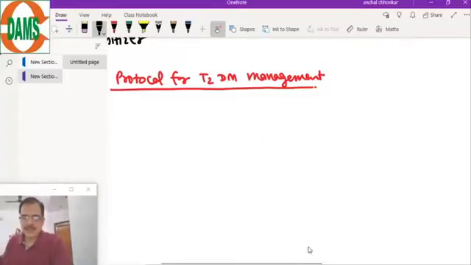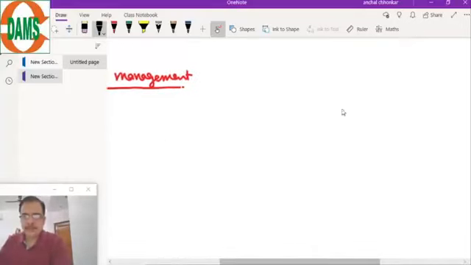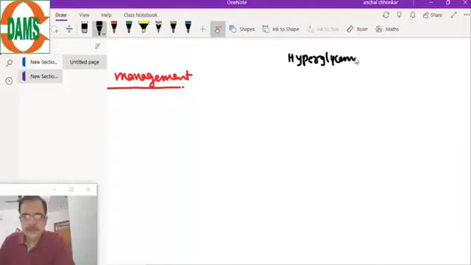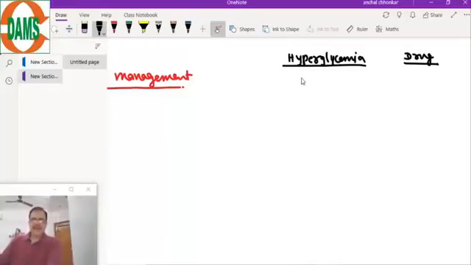That protocol says, journal guideline, depending on the hyperglycemia, the drugs. If it is a mild hyperglycemia, mild is the fasting sugar values, and this hyperglycemia is the fasting sugar values that we take.